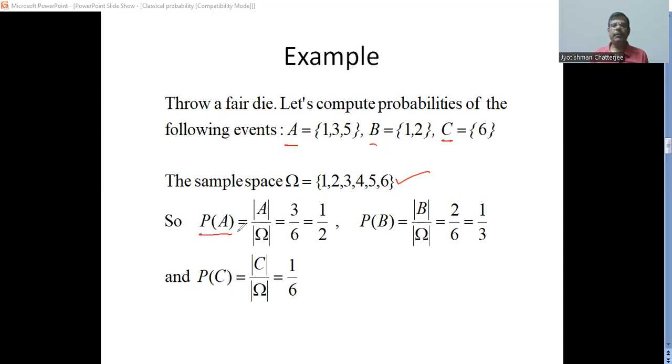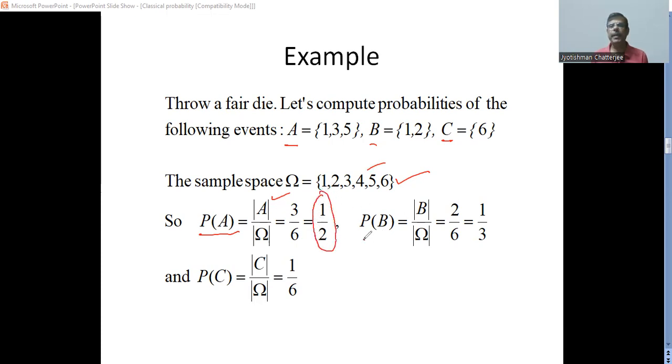How much is probability of A? That is size of A by size of omega. Size of A is 3 because there are 3 elements, 1, 3, and 5. And size of omega is 6, as can be seen here. So 3 by 6, that is equal to half. We get this answer.